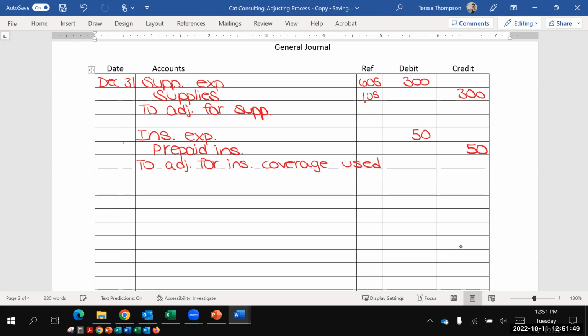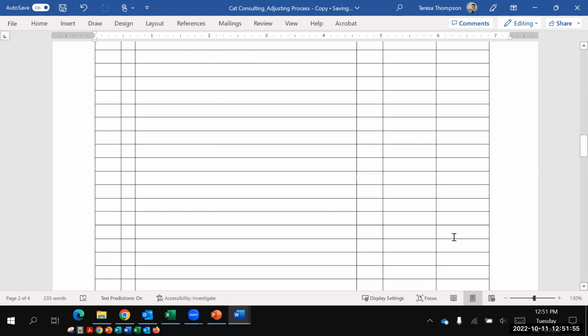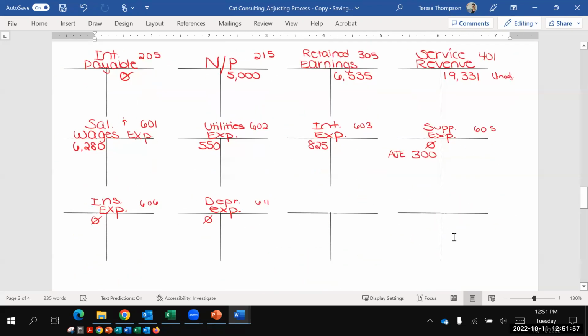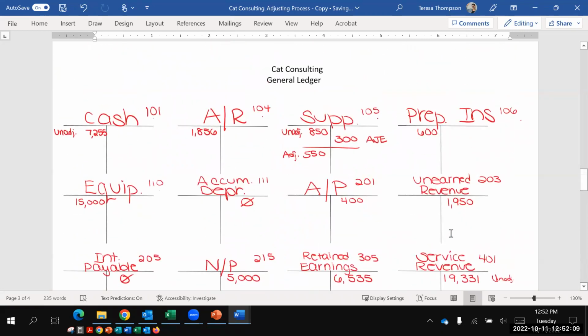We don't have to repeat December 31st again since it's all the same day. All right, now we post insurance expense, which I think was a new account. So it's down here, $50 through the adjusting journal entry. Okay, and then we reduced prepaid insurance by $50.